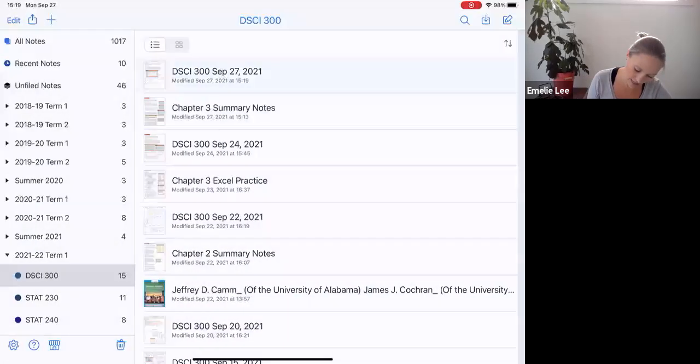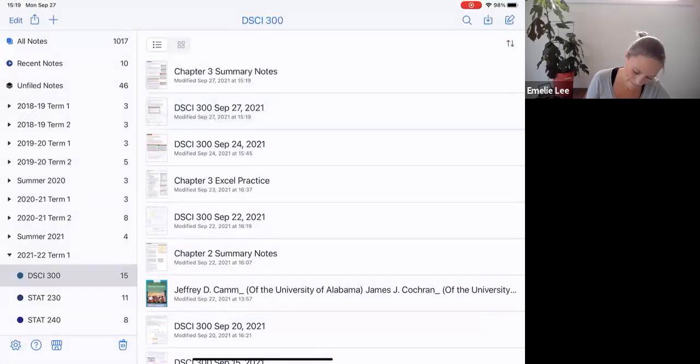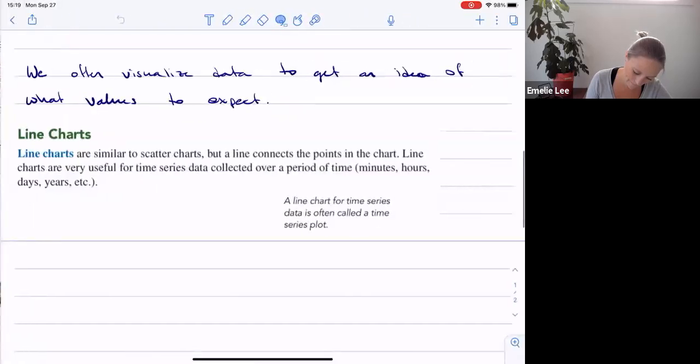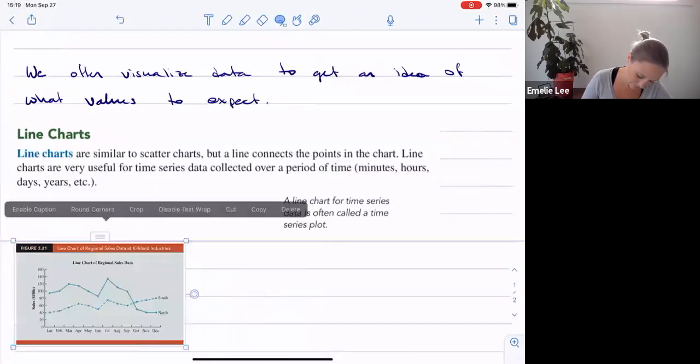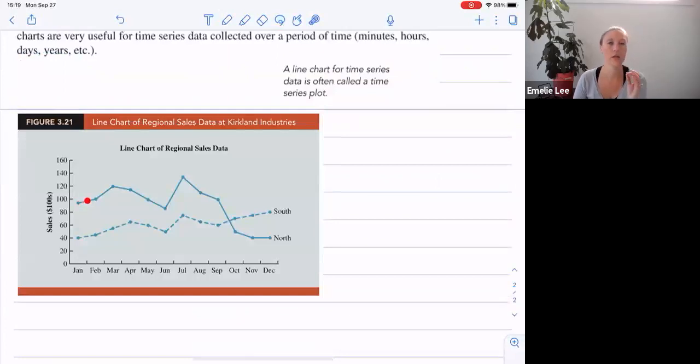And so the lines make it easier to follow trends across time.